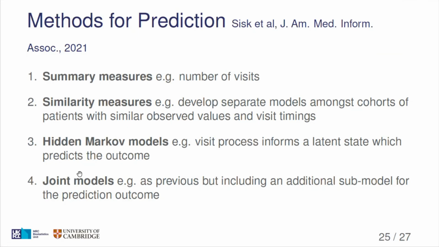Joint models are very similar to the models I was talking about before, where you're sharing random effects between the models, except now you would also include the outcome that you want to predict as another submodel. And hidden Markov models are quite similar to joint models, except instead of having these underlying random effects, you have an underlying state which you don't observe, but the patient is in one of a discrete number of states that they could potentially be in.